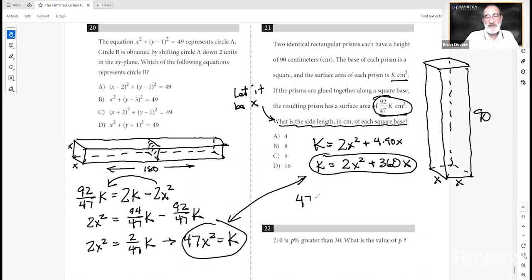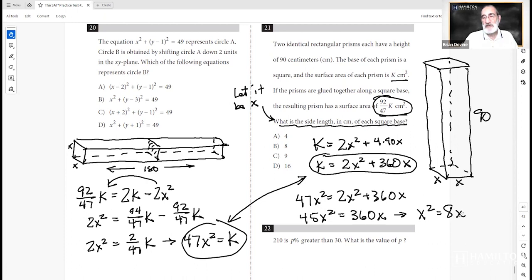So 47x squared has to be 2x squared plus 360x, which means that 45x squared has to be 360x. Divide both sides by 45 and I get x squared equals 8x. So x has got to be 8. And luckily, that's one of the answers. So B is your answer there.